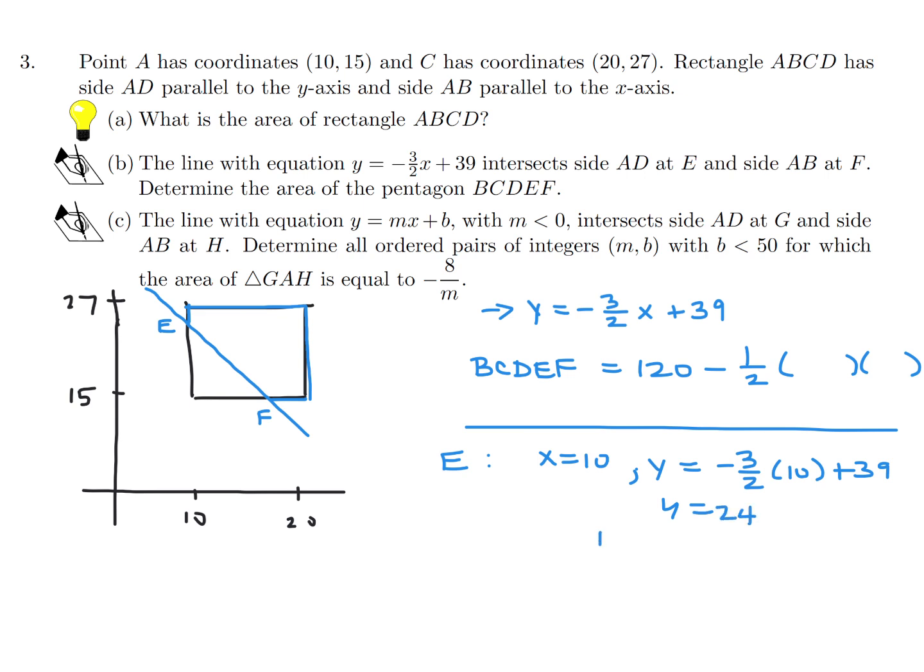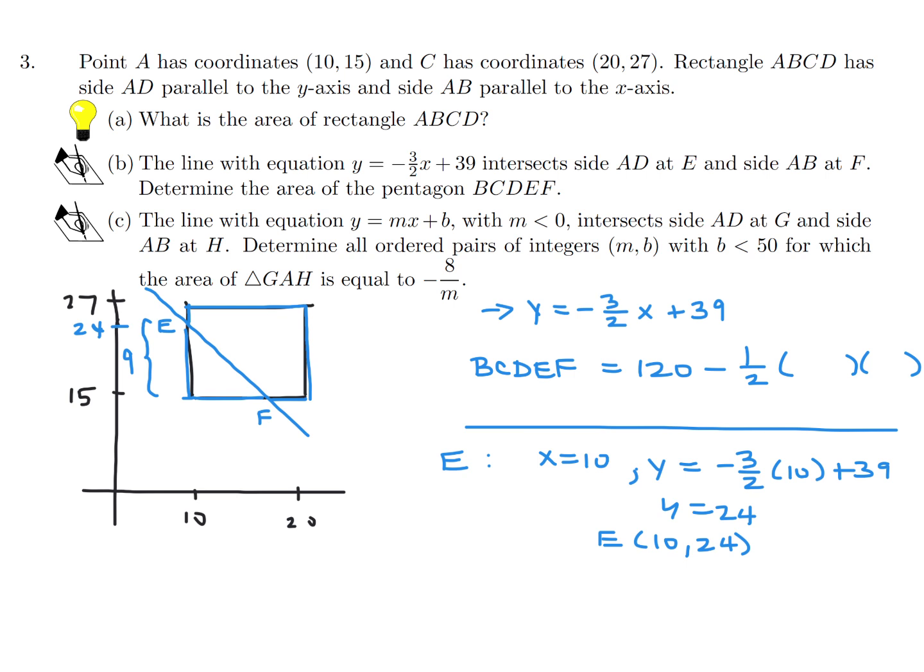So the coordinates of E are 10, 24. Okay, so E is right there, 24. So that means this side of that triangle is 9, correct? Yeah. I think I did that right.